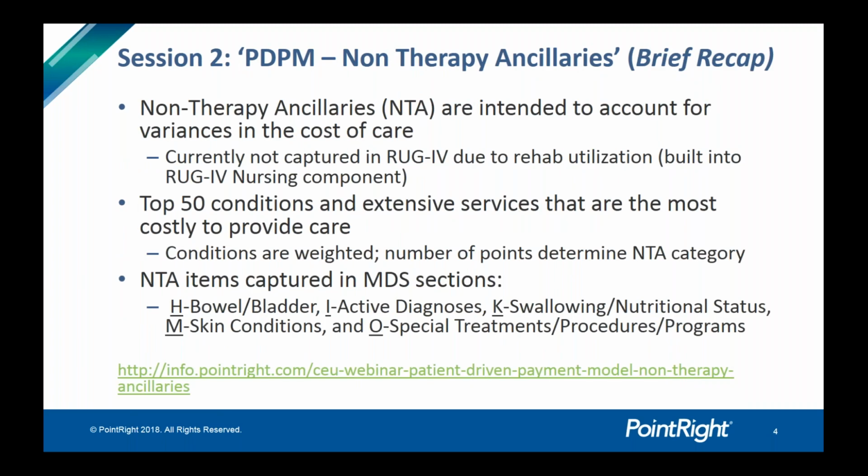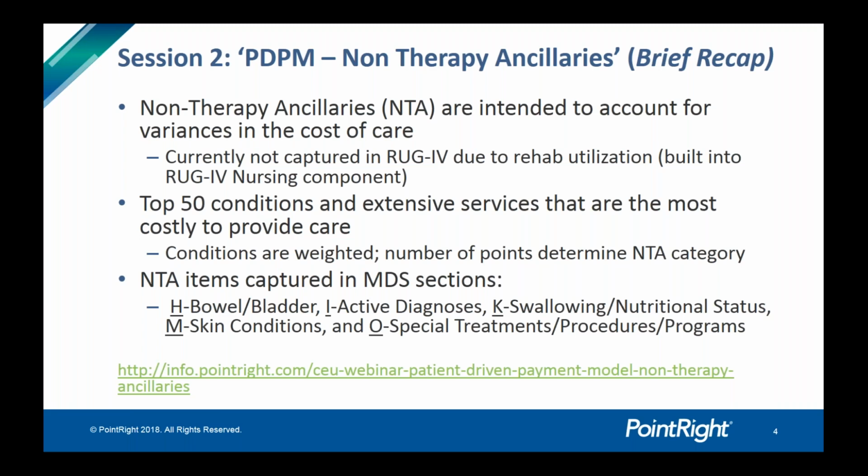So our second session was presented by our Paula Di Natale, and Paula talked about the non-therapy ancillary piece of the PDPM structure. So those NTAs, the non-therapy ancillaries, are intended to capture those pieces of resident characteristics that drive variance in the cost of care.